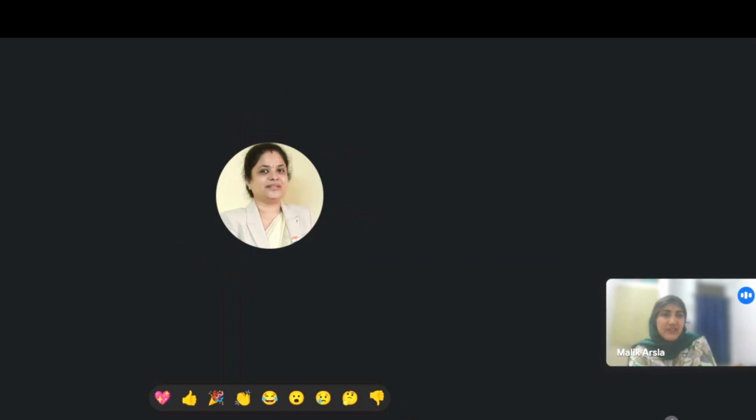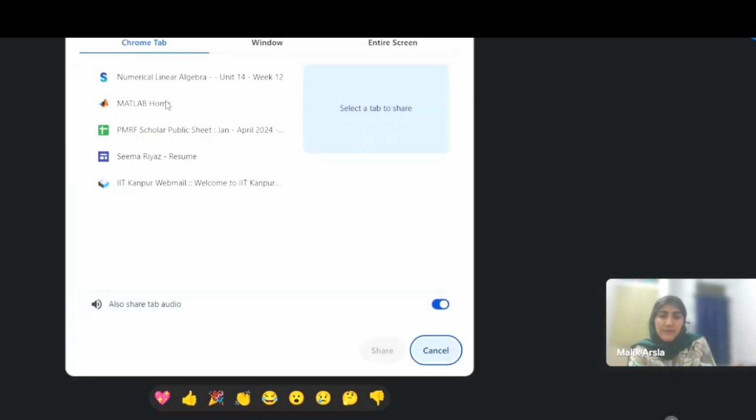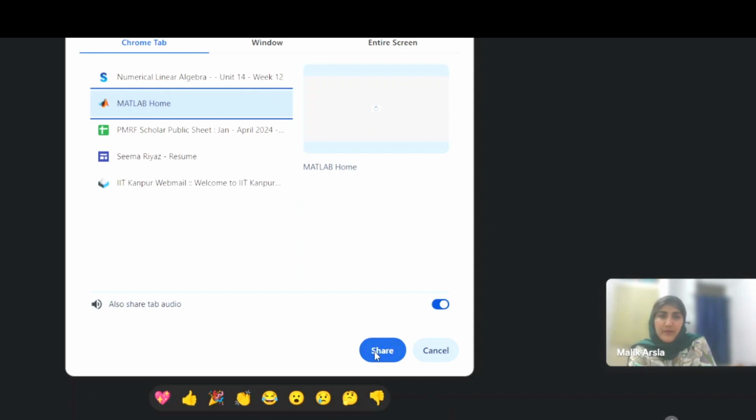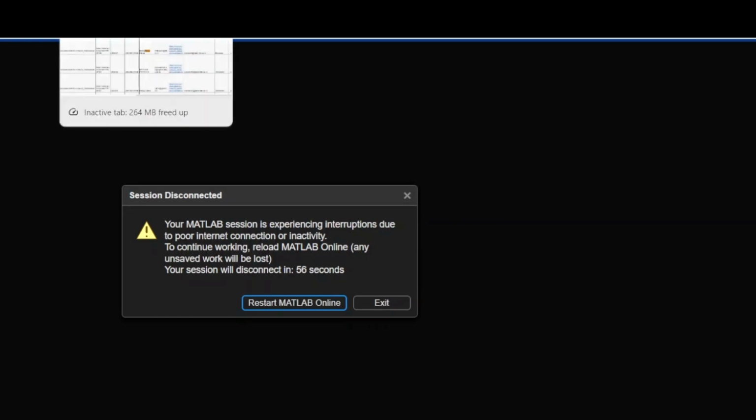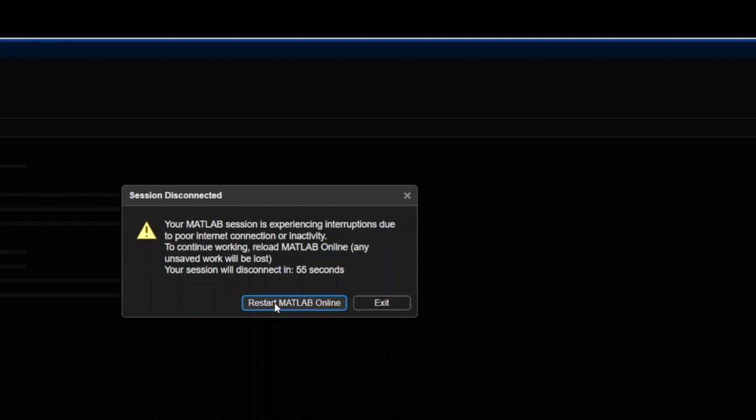I think my screen is still not visible. Yes, it's not visible. Now is it coming? Yeah, now it says loading. Basically, MATLAB online is slow, that is why.